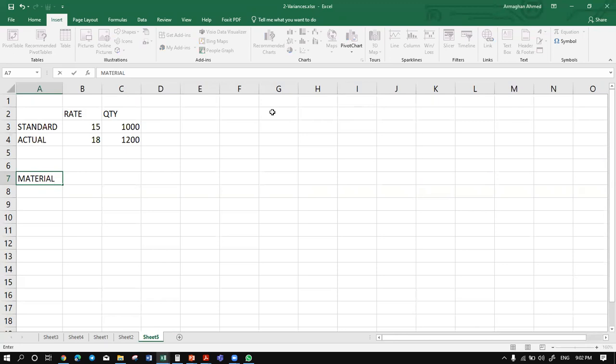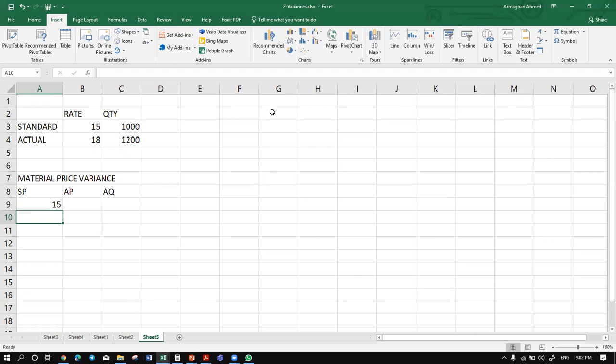What is the formula for material price variance? Standard price minus actual price into actual quantity, right? What is standard price? 15, sir. Actual price 18.